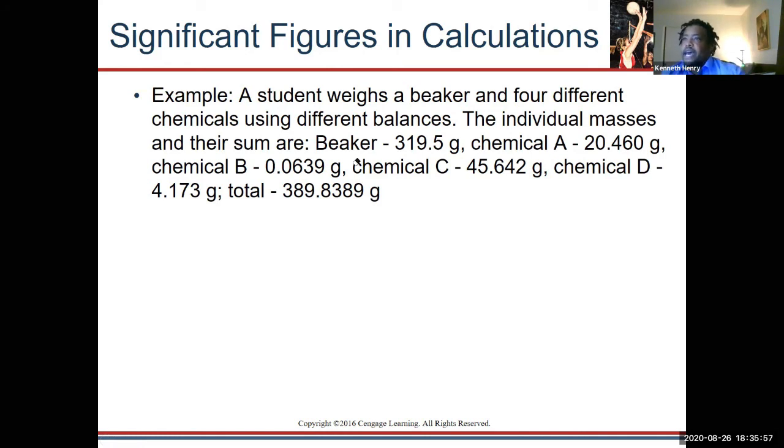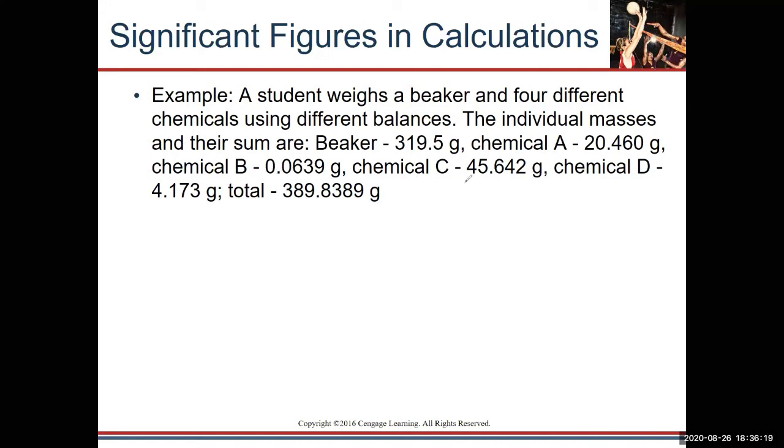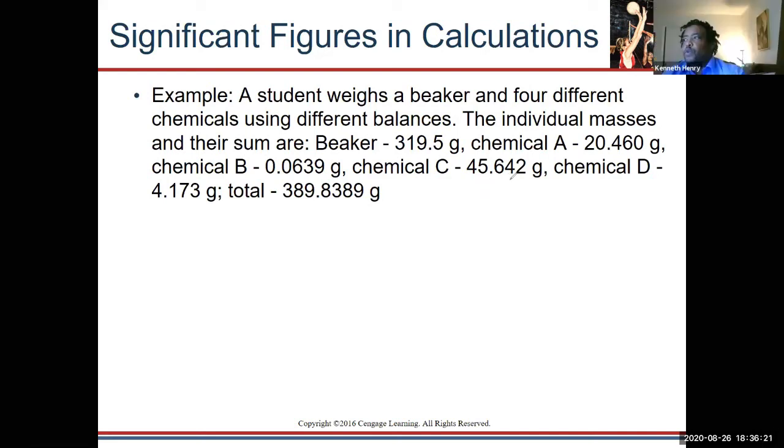The individual masses and their sum are: beaker, 319.5 grams, chemical A, 20.460 grams, chemical B, 0.0639 grams, chemical C, 45.642 grams, and chemical D, 4.174 grams.